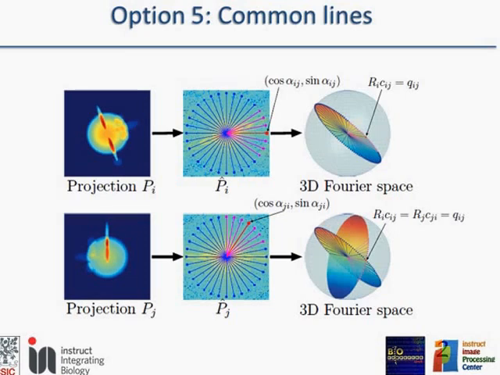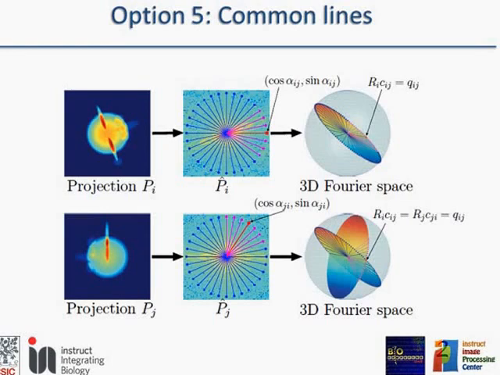So the coefficients along this line in Fourier space have to be the same in both planes. So I have to identify which one of these lines, of all the possible lines in the 2D Fourier transform, is the same in the other Fourier transform. So in this example, this line here would be the same as this line there.